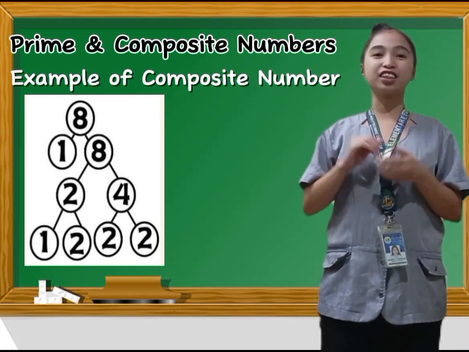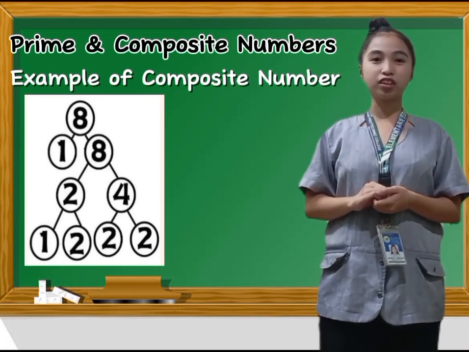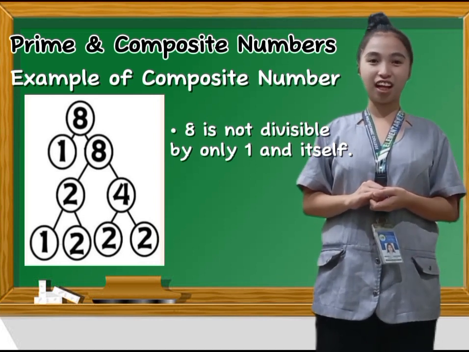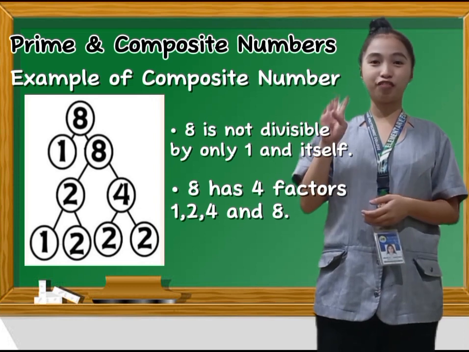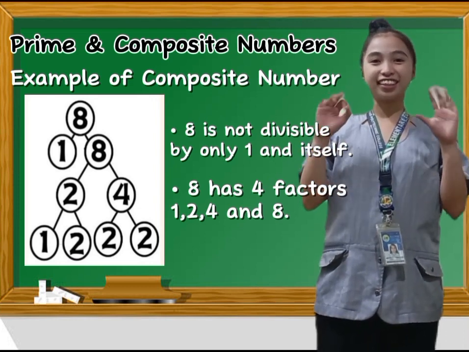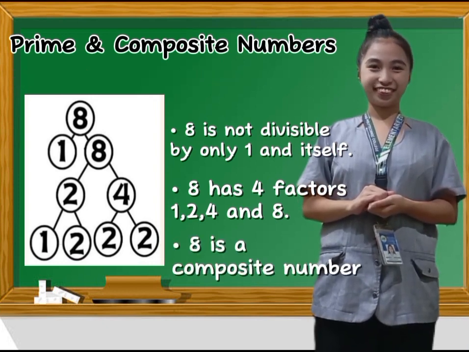So 8 has many factors, not only 2, so 8 is not divisible by only 1 and itself. And 8 has 4 factors: 1, 2, 4, and 8. Therefore, 8 is a composite number.